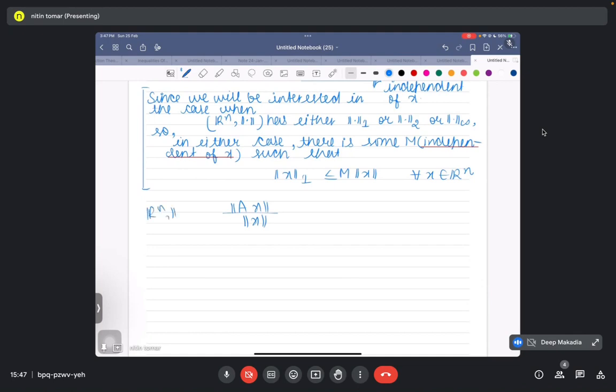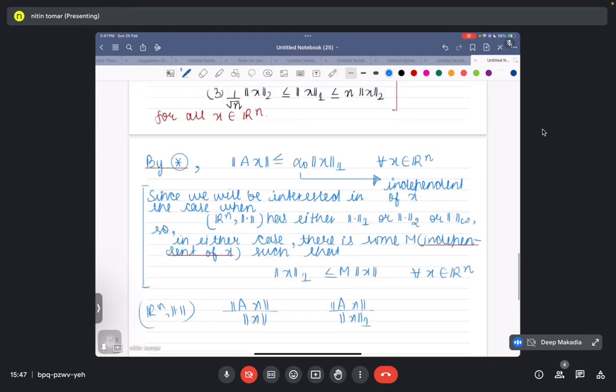We fix one norm, but what we are getting is norm Ax upon norm x1, right? From here, we are getting that this is less than or equal to alpha naught. But we want in the denominator norm x, the norm we started with, instead of norm x1.